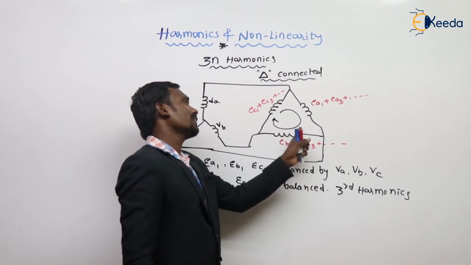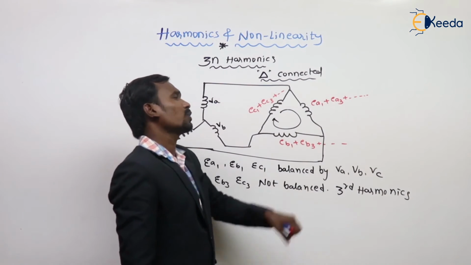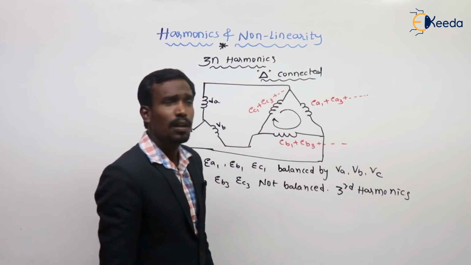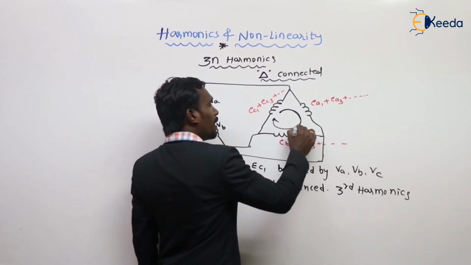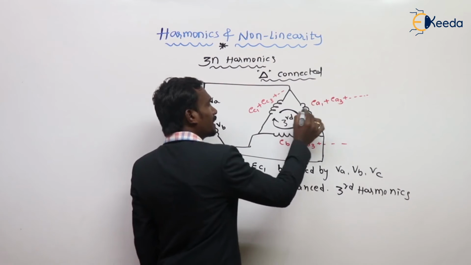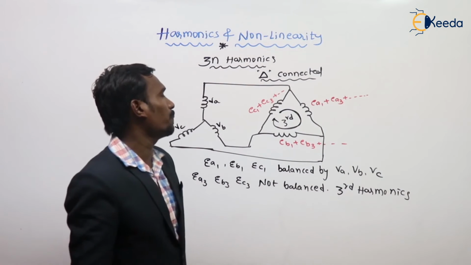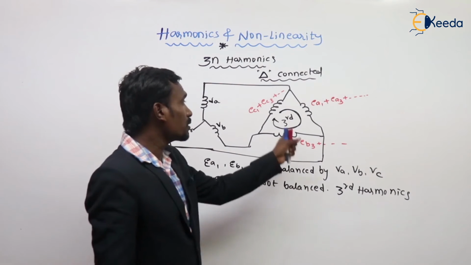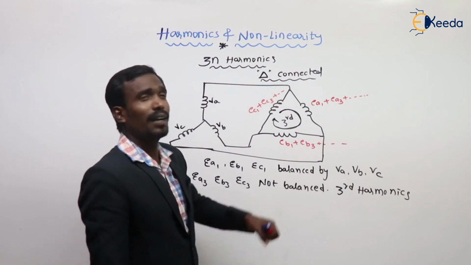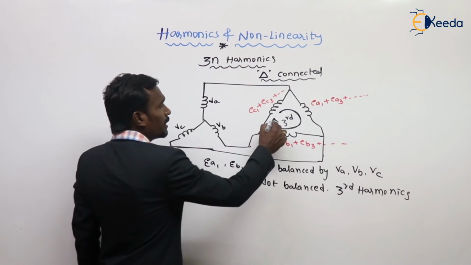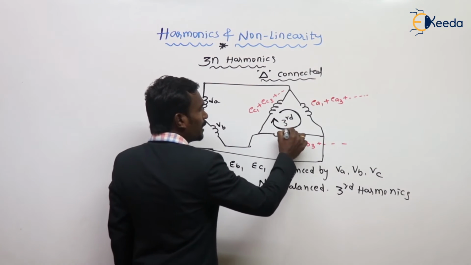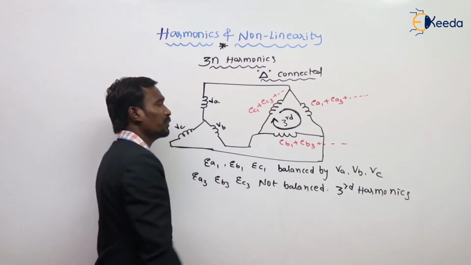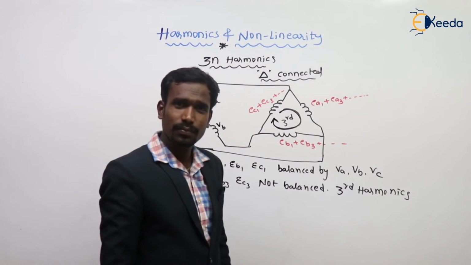The delta provides a phase-to-phase closed path for third harmonic currents. So here we have a closed path for the third harmonic current between phase to phase.